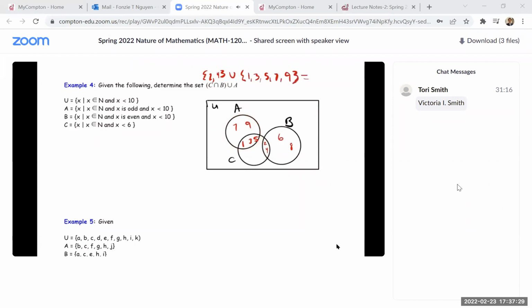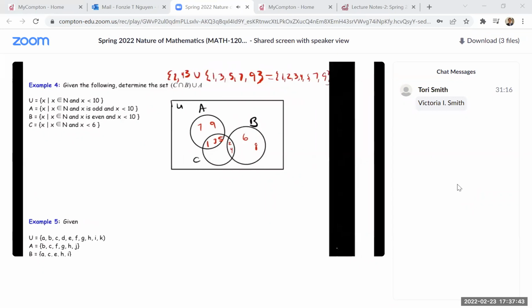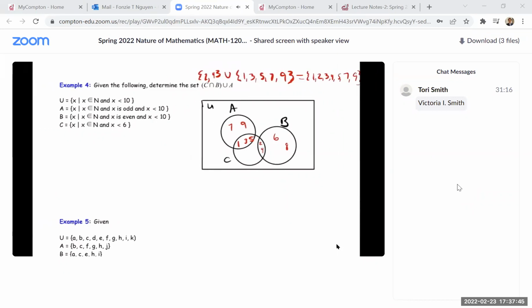All right, very good. So now the union means combine all of these together, right? So it's 1, 2, 3, 4, 5, 7, 9. Yeah, so that is your final answer.